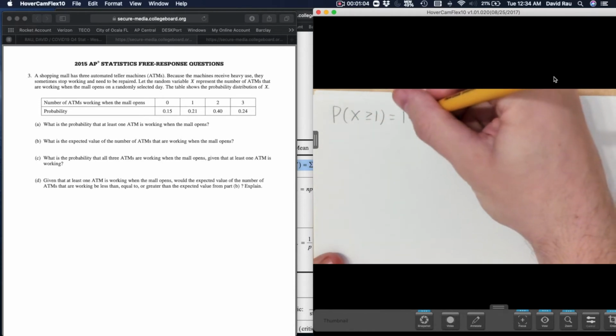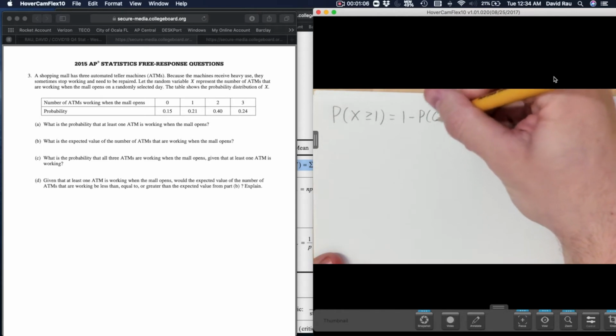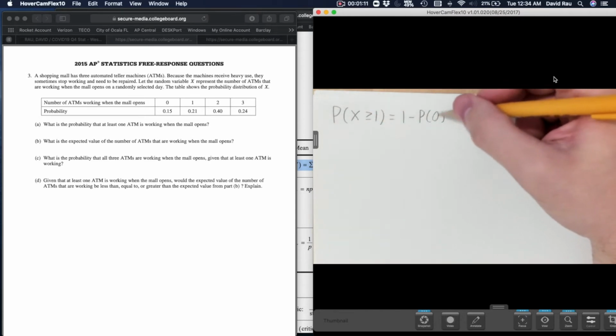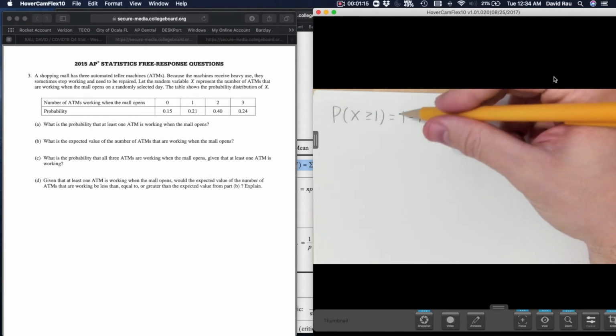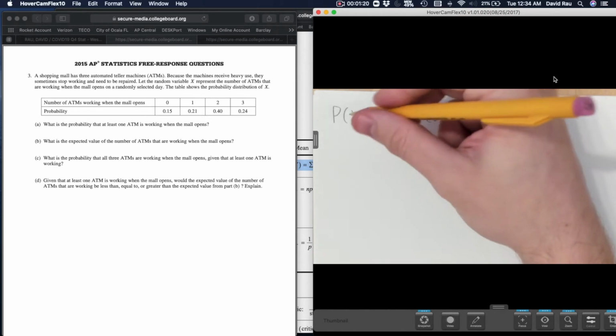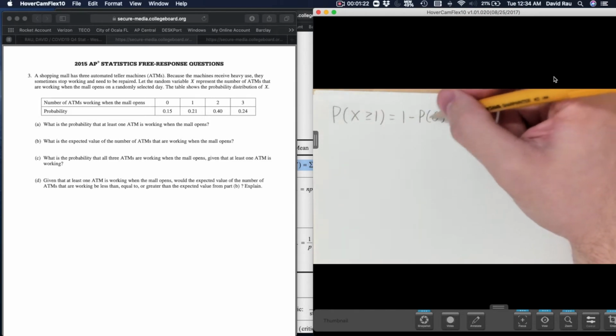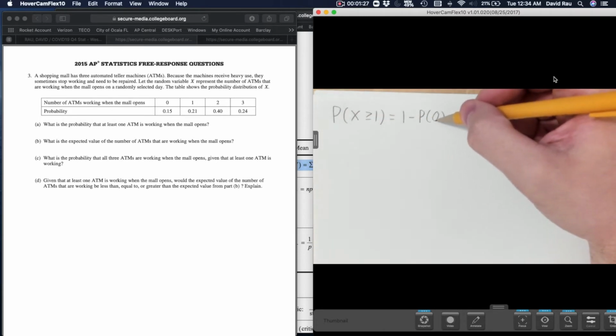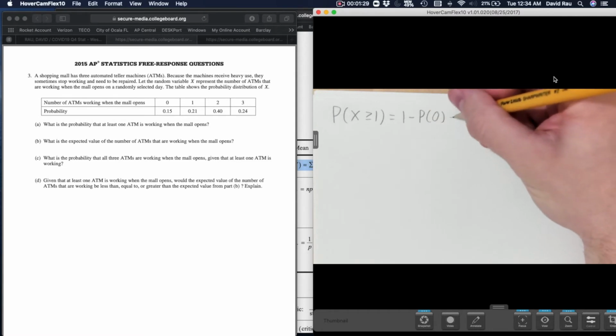Now that's equal to 1 minus the probability of none, because if you don't have one or more, you have none working. The complement is the real stat word: the condition you want is 1 minus the opposite of that. So if 1 or more is the opposite of 0, then we find 1 minus the probability of 0, and we'll get the answer we want.